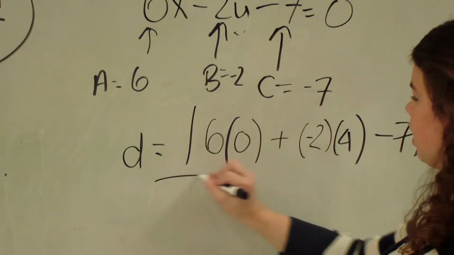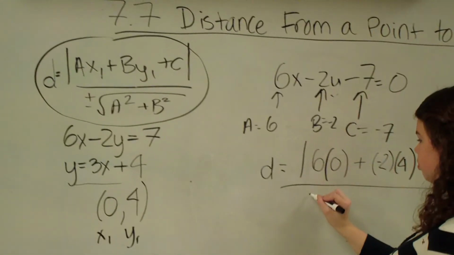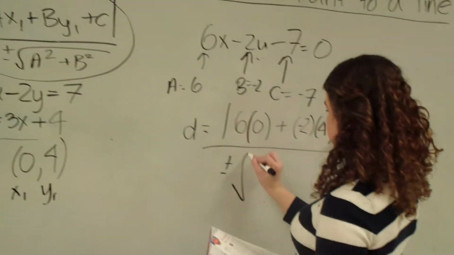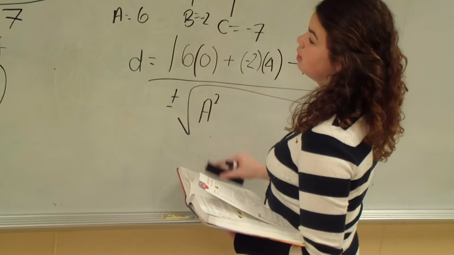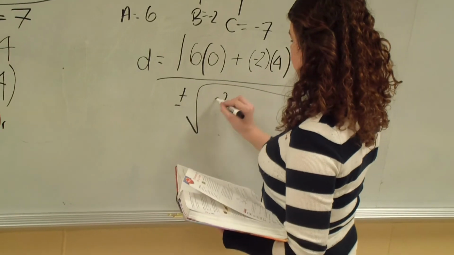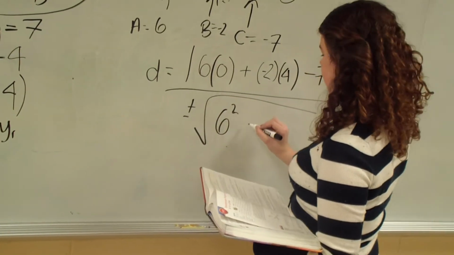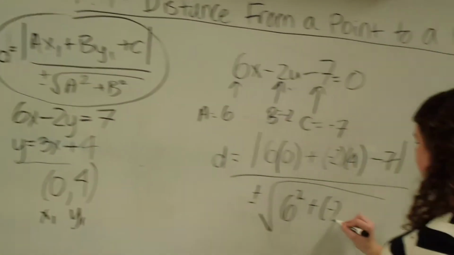We're going to absolute value that over the plus or minus the square root of a squared, which is 6 squared, plus b squared, which is negative 2 squared.